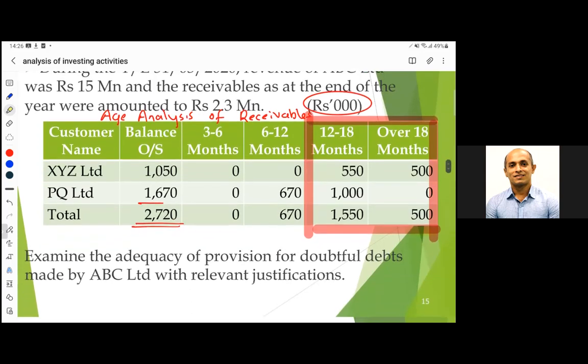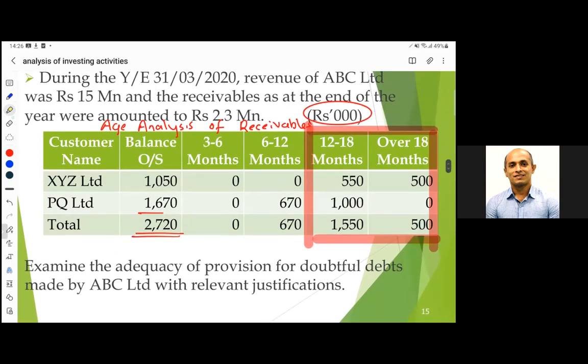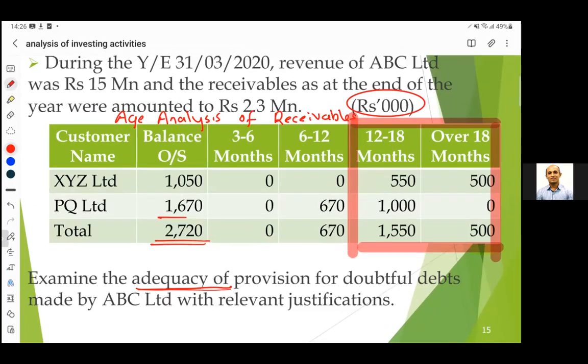Now your question is to examine the adequacy of provision for doubtful debts.